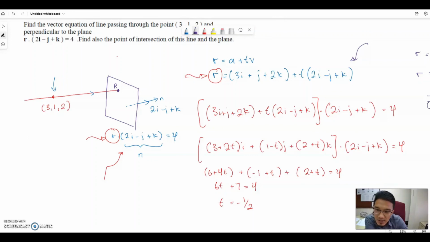Because r is movable, I want to place my position of r right where the line and the plane intersect with each other. So that is the explanation why we are looking for the coordinate, the position vector of vector r.